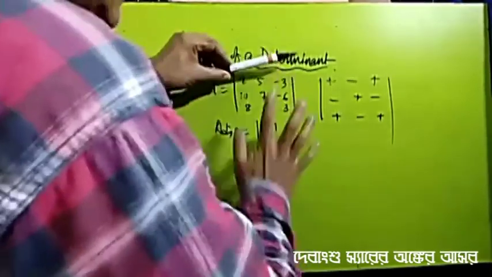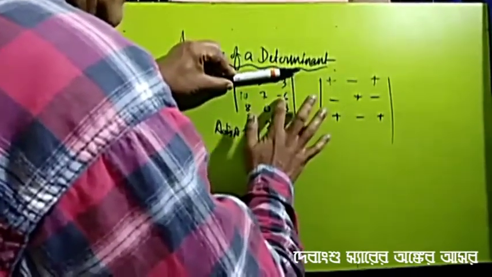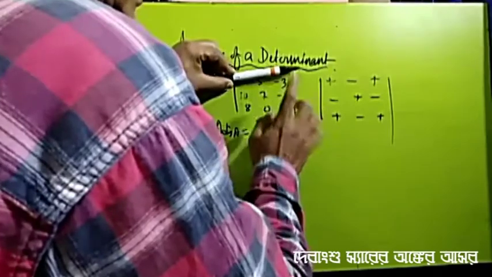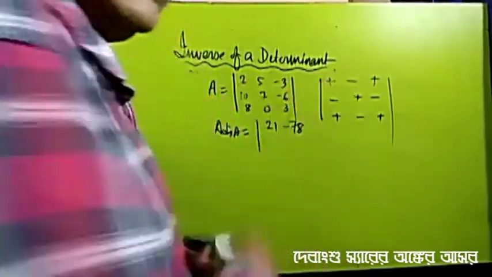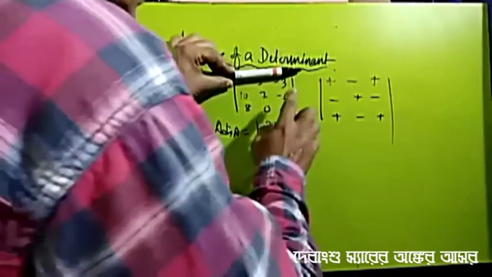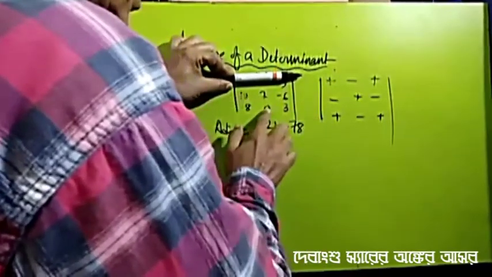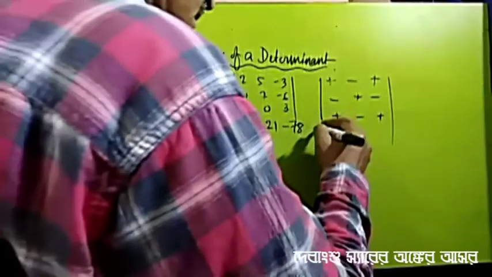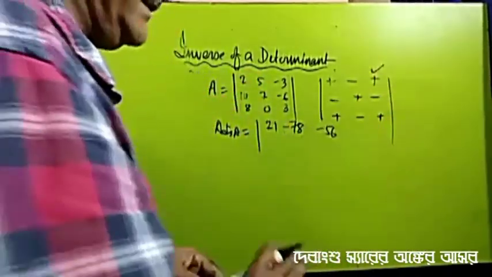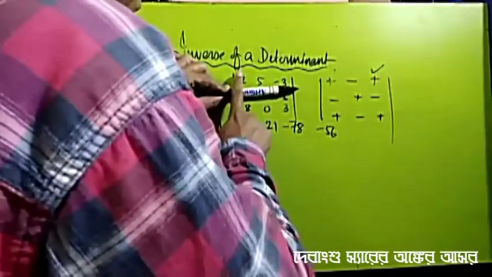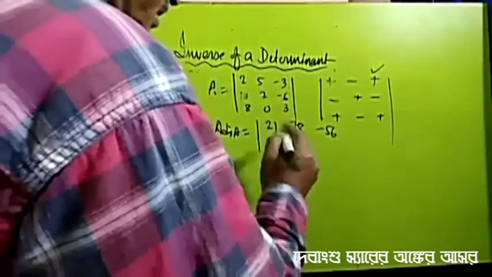For 5, it is 30 plus 48, so 78. Its sign is minus, so minus 78. Now see, for 3, that is 0 minus 56, minus 56, its sign is plus, so keep the sign. Now for 10, it is 15 minus 0, so it is 15.